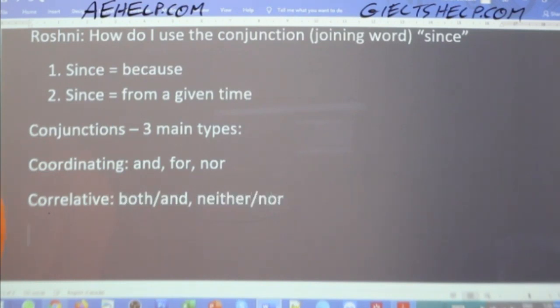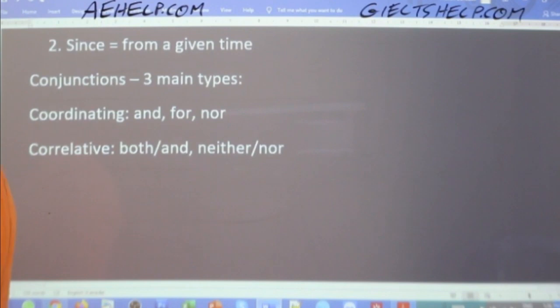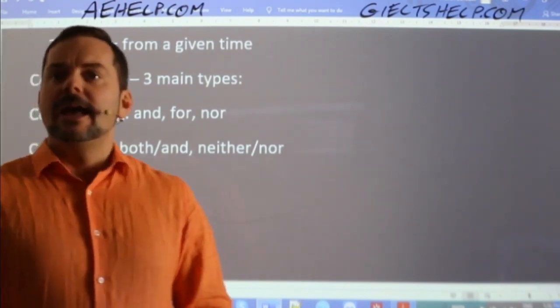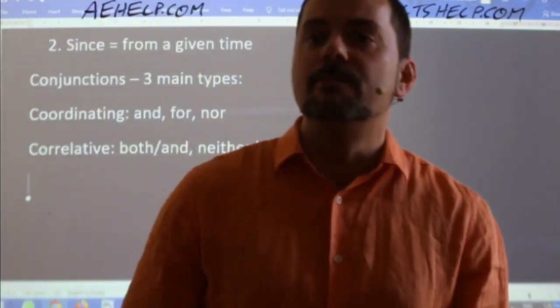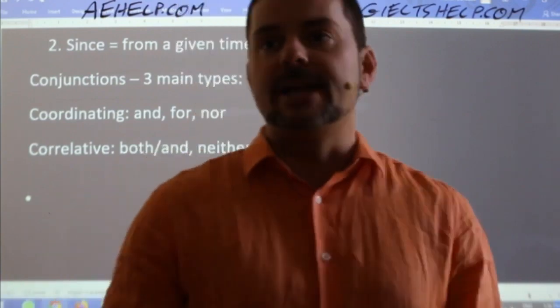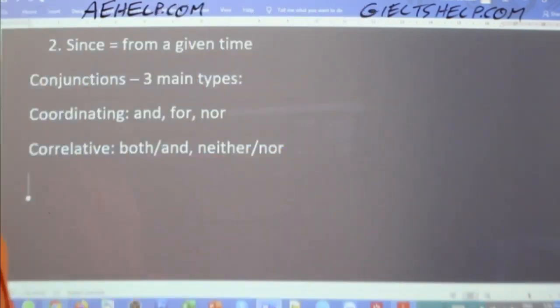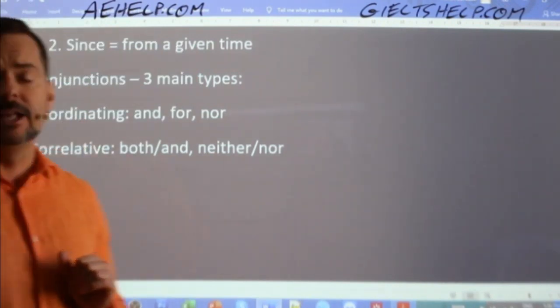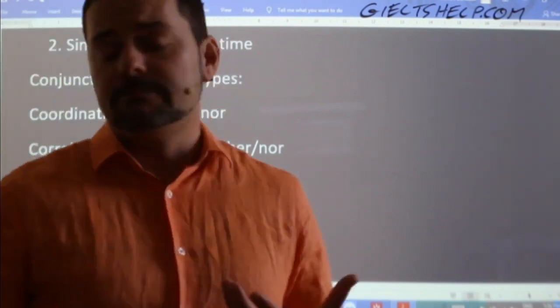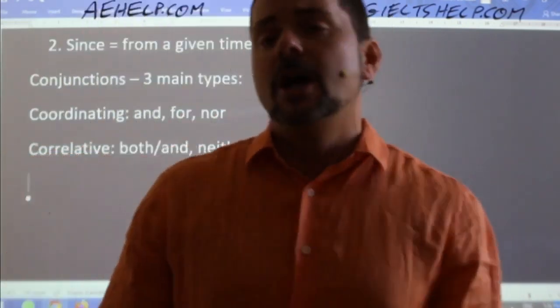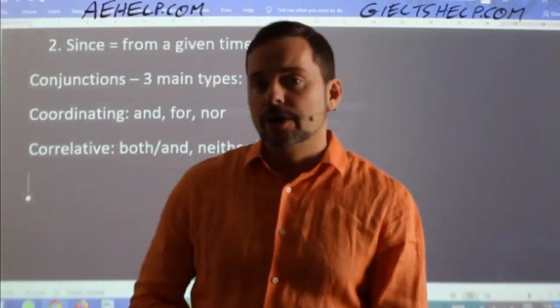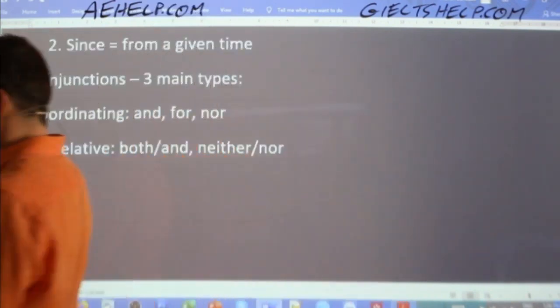We've studied these as well. And there's subordinating. That's right. So the 3 main categories are coordinating, correlative, and subordinating. If you're going for a high band score, 6.5 or more, you definitely need a good idea of all of these.